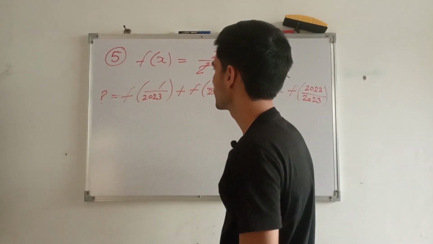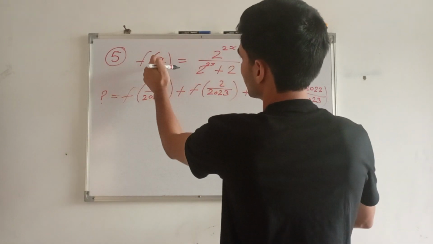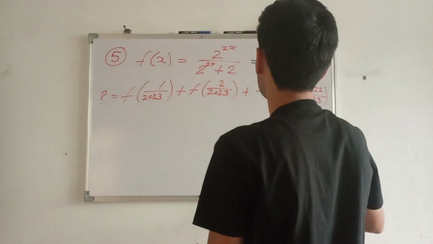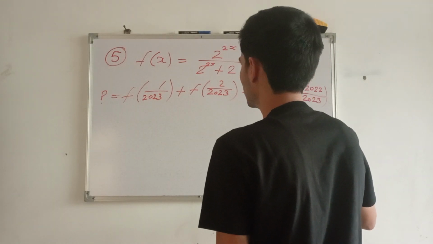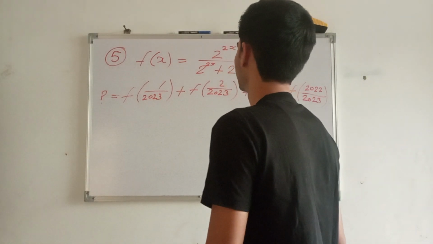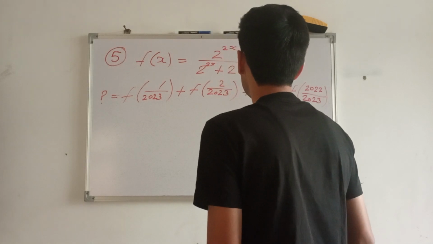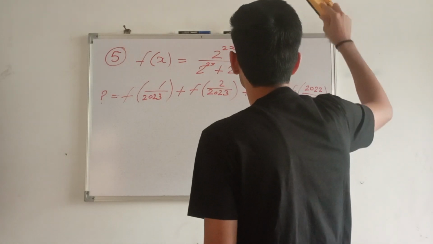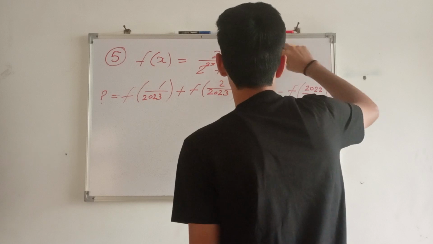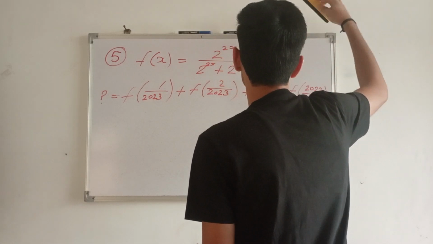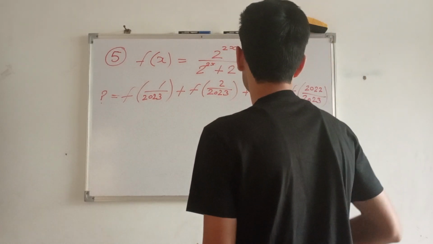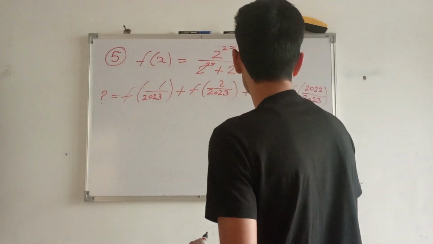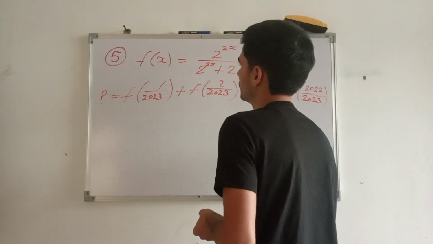Now we need to simplify it in such a way that maybe the sums of the continuous terms get cancelled out, or something like that should come.